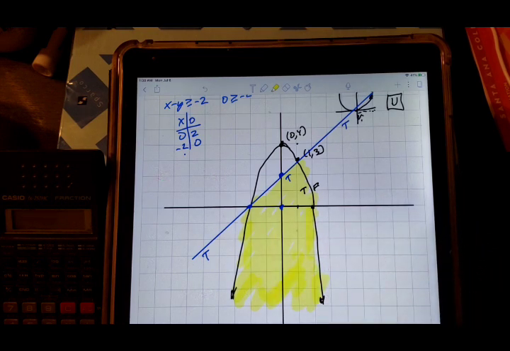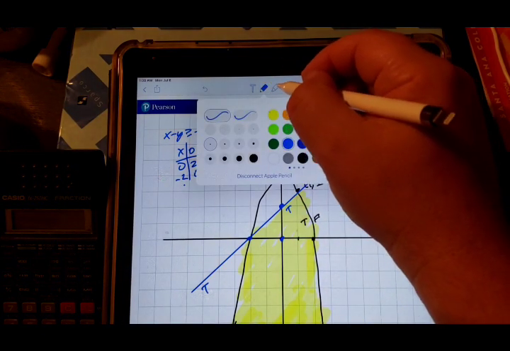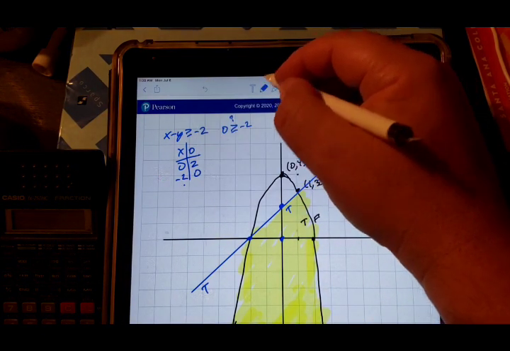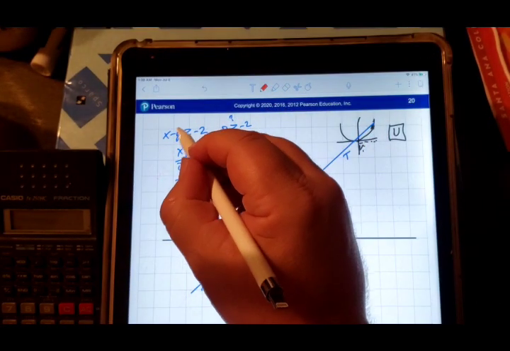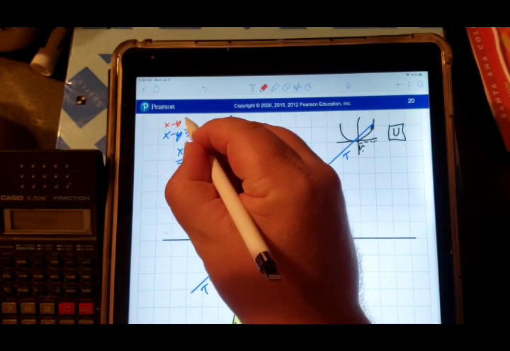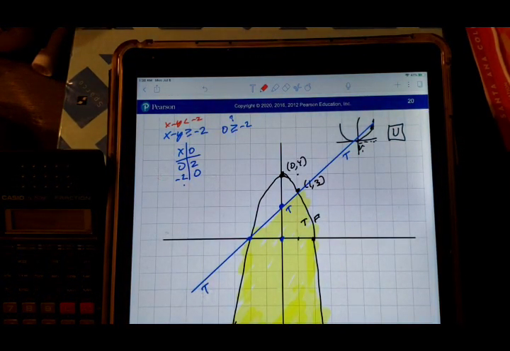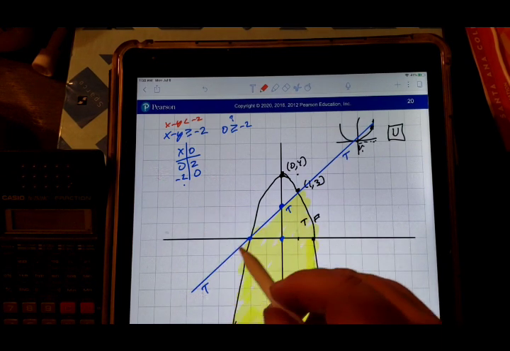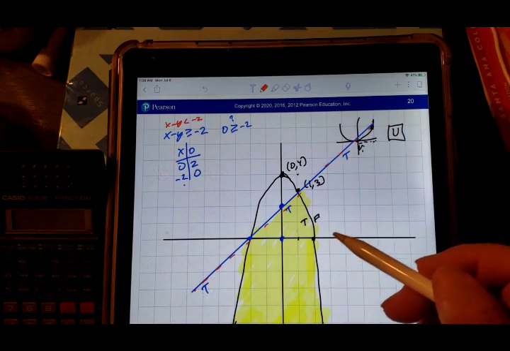So I just want to point out that if this problem had said, let's have a little fun with this, just one change, if this had said x minus y is less than -2, how would that change the problem? Do you see it? Well, I'd still have these same points, but this would be a dashed line instead of a solid line.